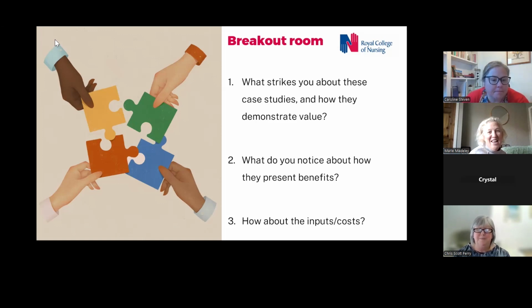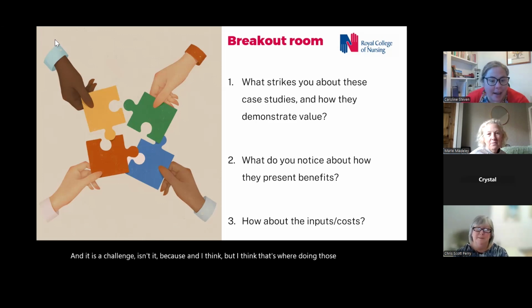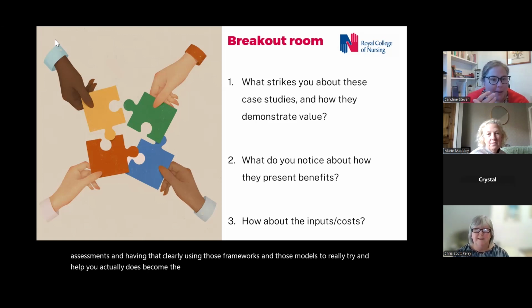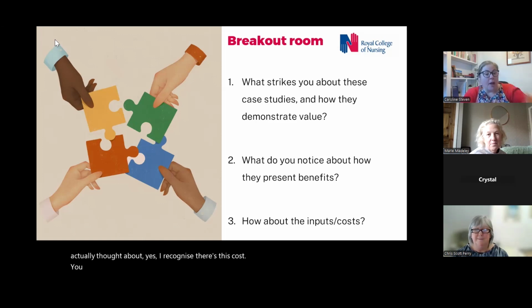But yeah, selling it to stakeholders, for me, it is a challenge, isn't it? I think that's where doing those economic assessments and using those frameworks and models can become the communication tool, because you have actually thought about it: yes, I recognize there's a setup cost, but look at what the potential is.